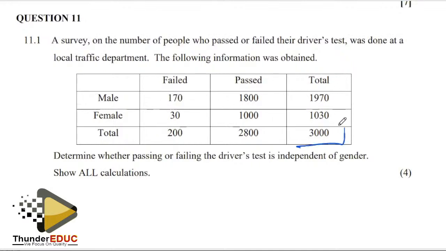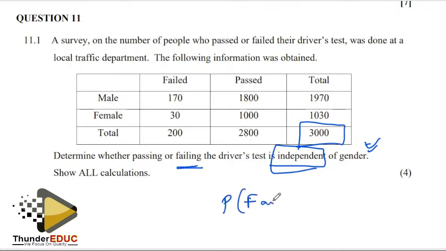So totals must add up, and then they're asking you to determine whether the events are independent. They did not specify the gender, so you have the right to choose your own gender. So in this case, failing and the gender. So probability of failing and maybe you're male, that will be probability of failing times the probability of being male.